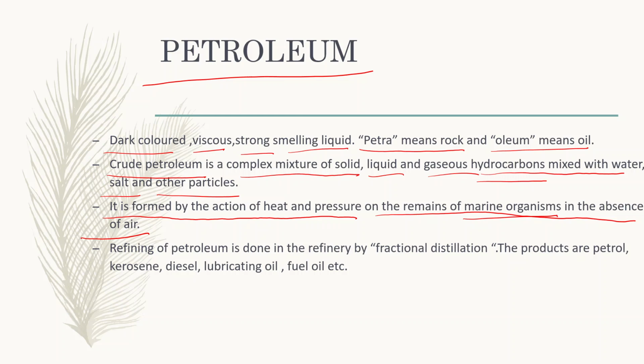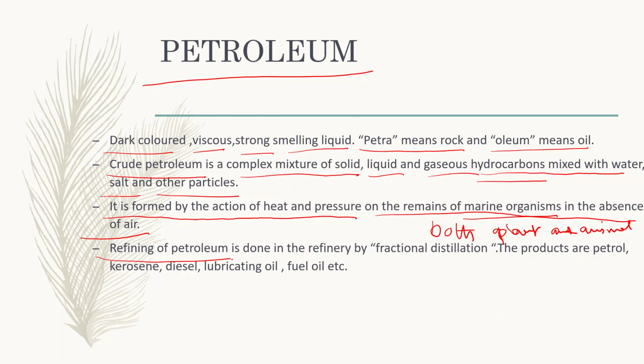Organisms means both plant and animal. So petroleum is both a plant and an animal product, and coal is basically a plant product.